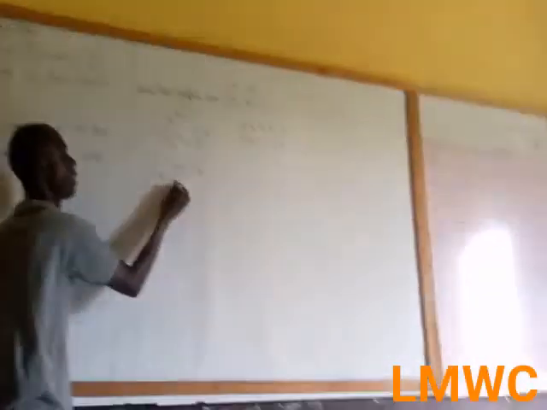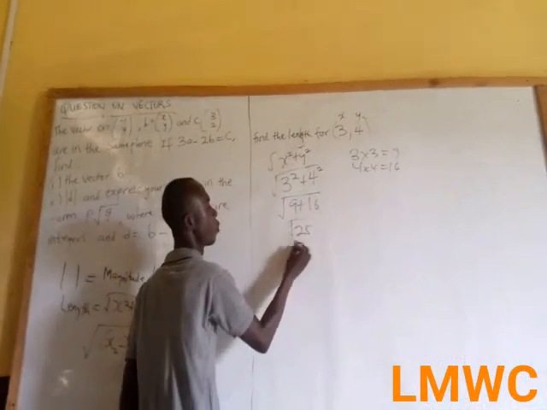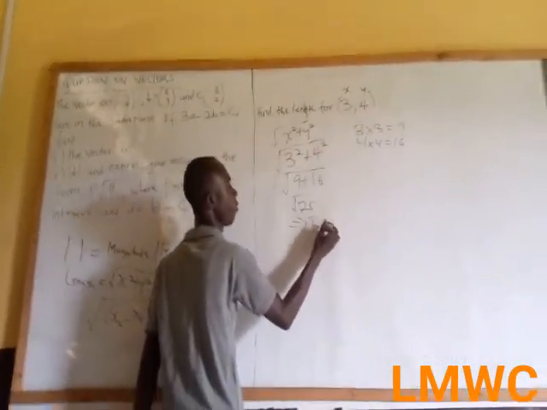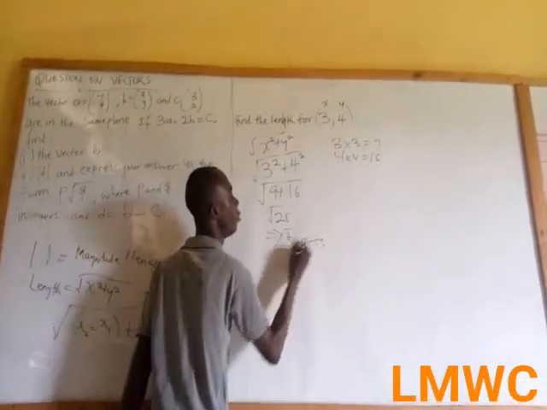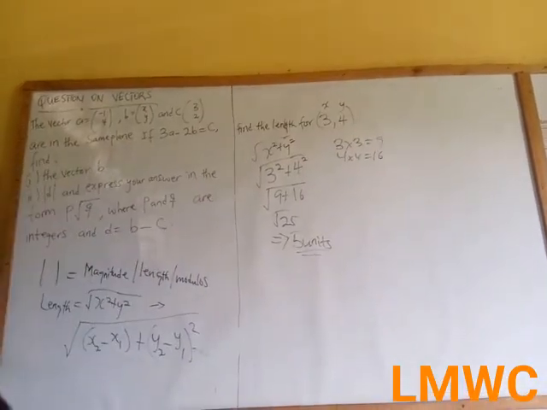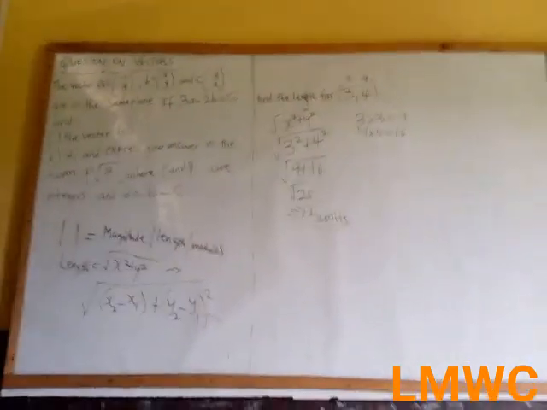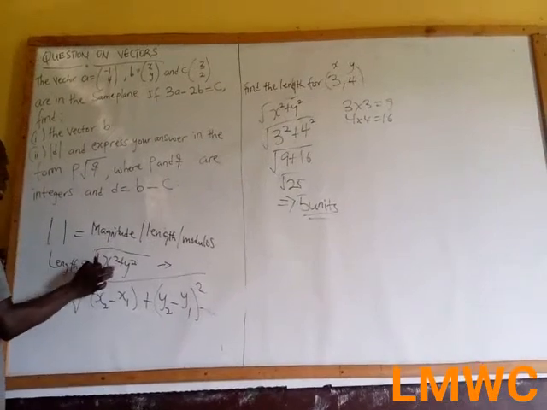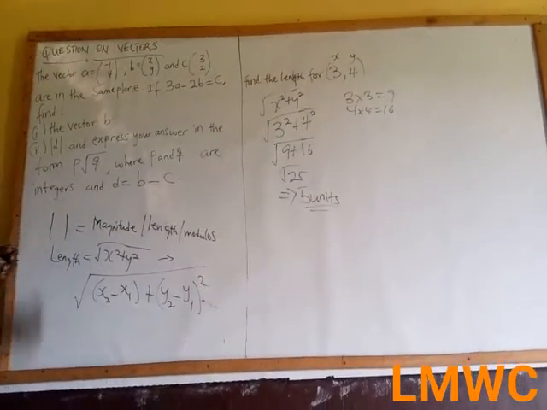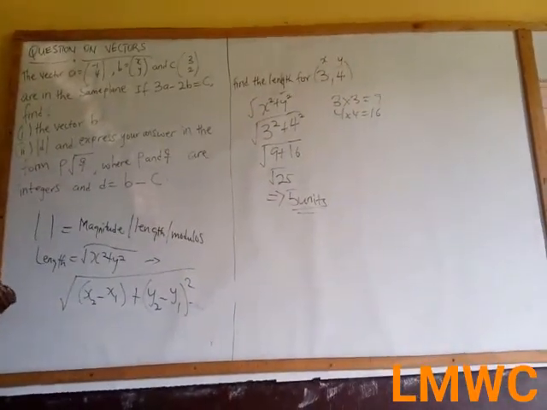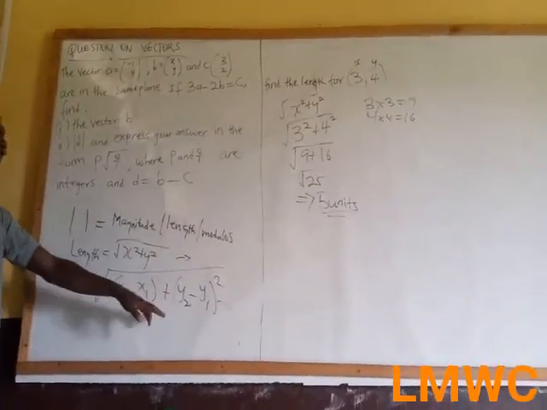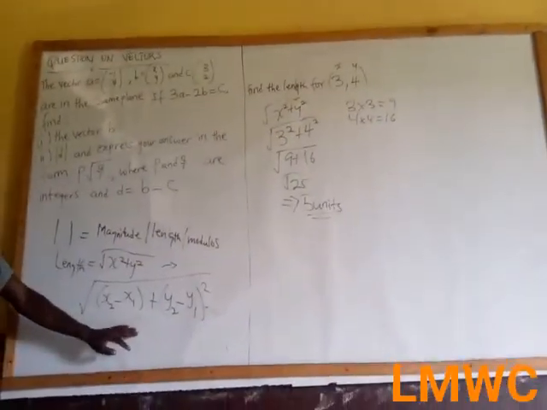So 9 plus 16 we have 25. And the square root of 25 is 5. But in length we bring units, 5 units. This is when we use this formula once you are given only one coordinate. And if you are given two coordinates, you use the other formula.